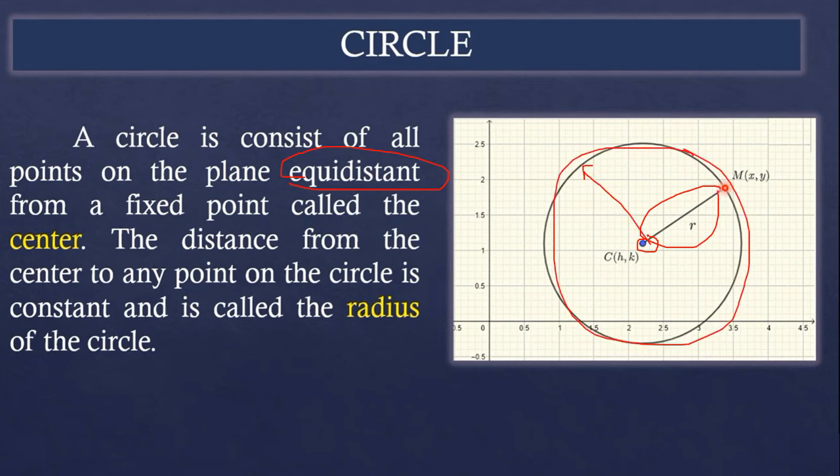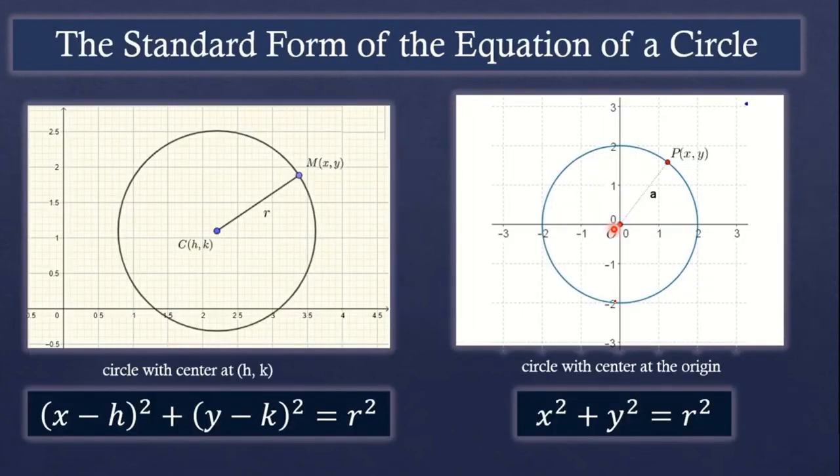Equidistant po yan. So, ibig sabihin, yan yung tinatawag nating radius. Kung kabuuan is diameter, yung mismo from the fixed point lang hanggang sa endpoint nito, yun yung radius na tinatawag. Very common na yan. Paulit-ulit na yan sa circle. So, equidistant po yan. And then, sa gitna, that is what we call center, or it could be a vertex.